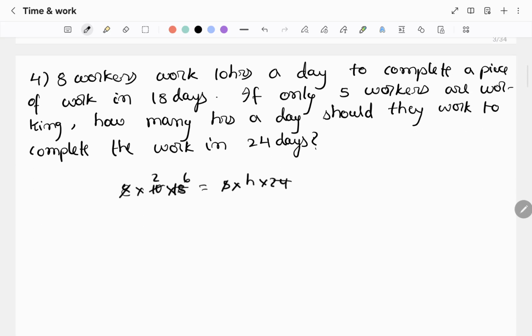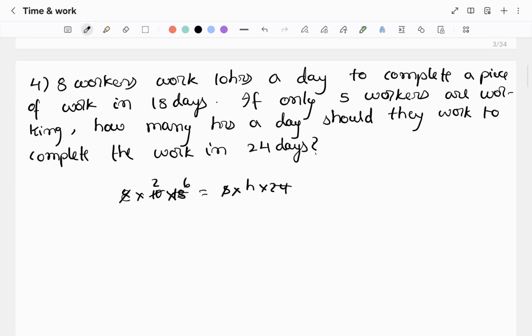Next question. 8 workers work 10 hours. Men 1 is equal to 8.